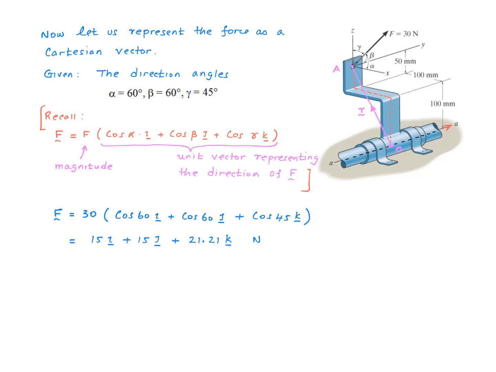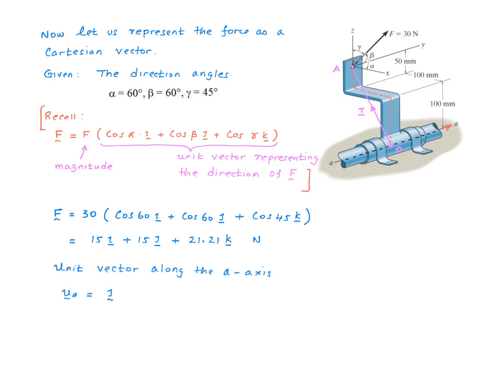So vector F equals 30, which is 30 Newton, the magnitude of the force, multiplied by cosine 60, because alpha is 60, times i, plus cosine 60 again, because beta is 60, multiplied by j, plus cosine 45, because gamma is 45 degrees, multiplied by k. And we simplify that, and we get this expression for the component form of the force vector F.